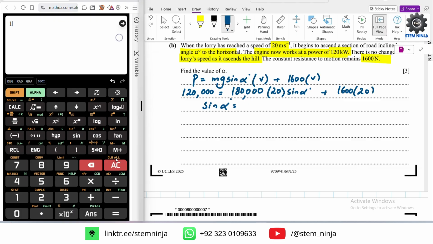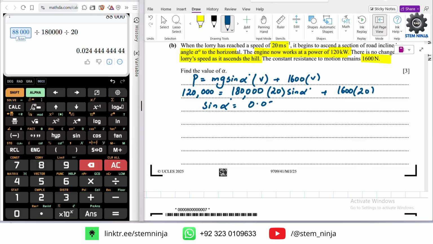That is 120,000 minus 1600 times by 20, divided by 180,000 divided by 20. That is 0.0244.